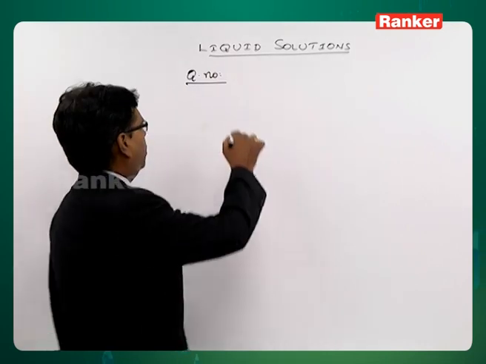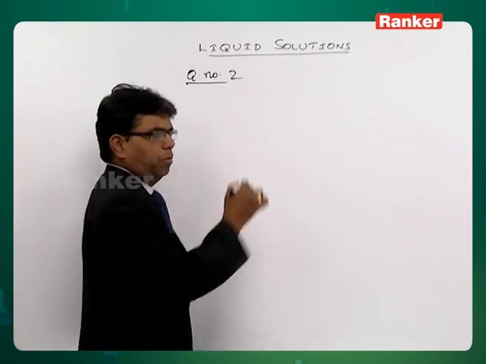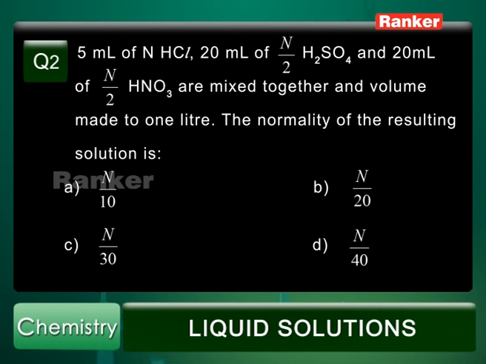Now, in question number 2, the given is 5 ml of 1 normal HCl, 20 ml of 0.5 normal sulfuric acid and 30 ml of 0.5 normal nitric acid mixed together, and the volume is made to 1 liter. Find the normality of the resulting solution.